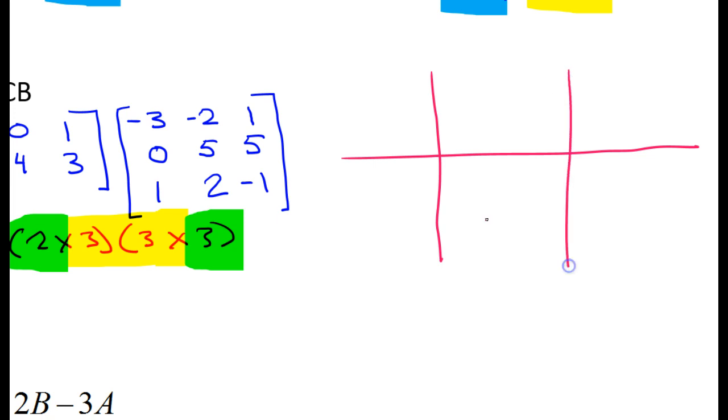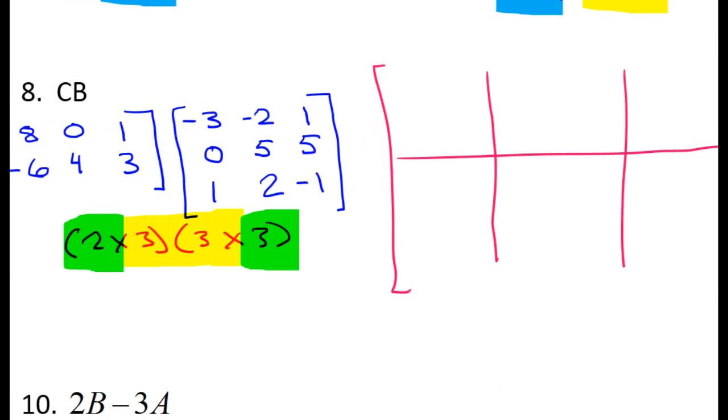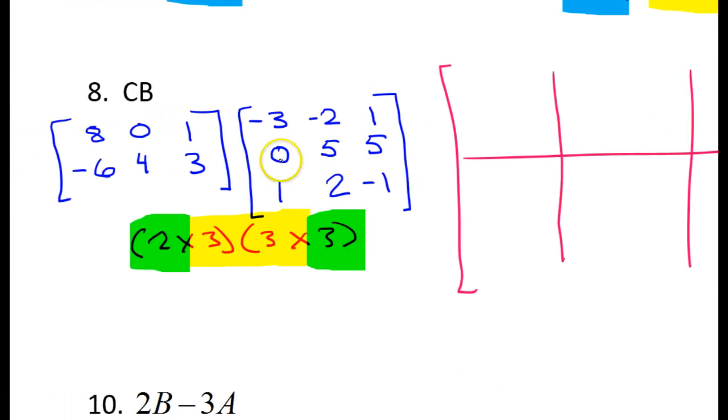Told you it was going to be big. Okay, so here's a giant 2 by 3 matrix, and I will show my work in that thing. So as I do this problem, my rows are all going to come from the first matrix, and my columns will all come from the second matrix.